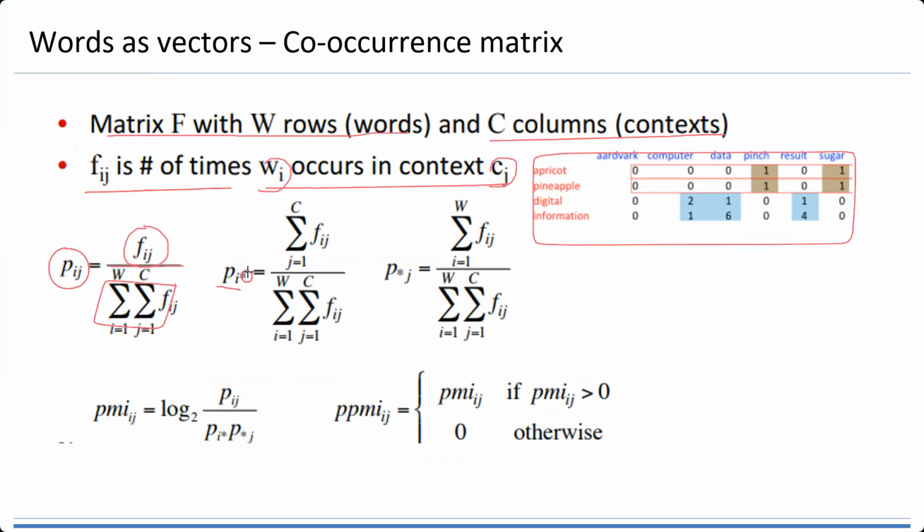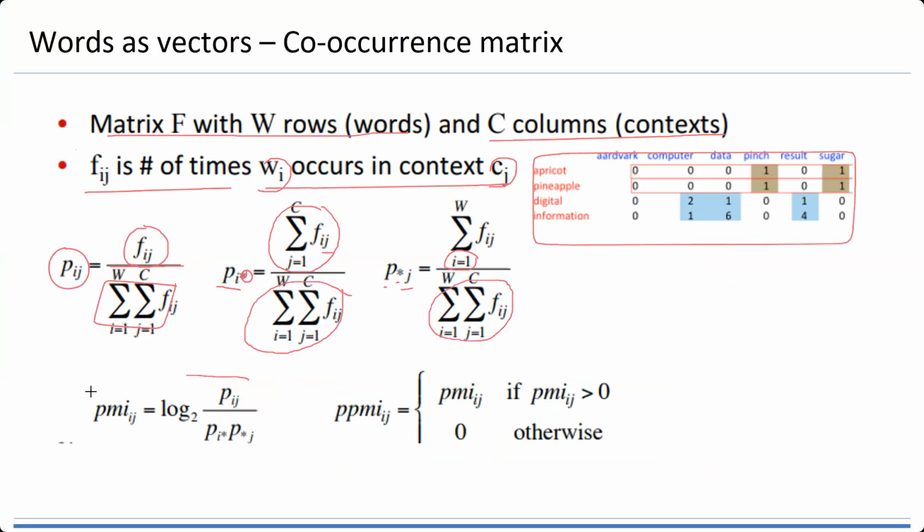Pi star means the total of the occurrence of the I and J. And then we want to know the occurrence of only the J. The star means all J. P star J. So it means I want to know the occurrence of all I divided by the total frequency.